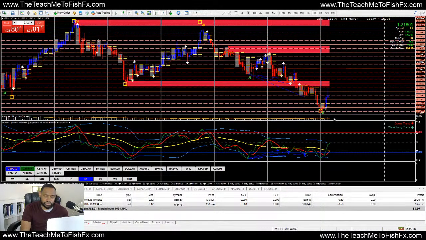Using the 1,000 pip rule, that's what I would tell you guys to do, or you can do the half of 1%. We did have some rejection here off of this area of interest. Now GBP USD, my bias is that it's going to go down.